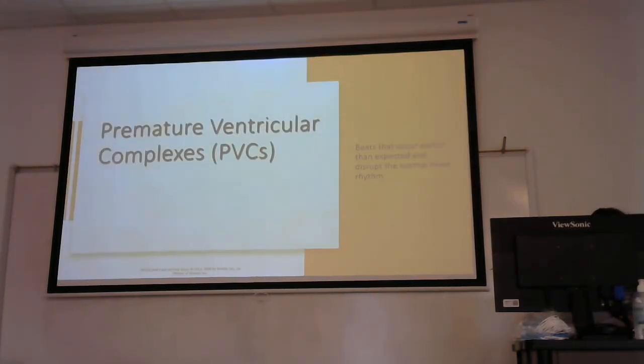So what you need to realize is that a PVC is just an extra ventricular contraction that is usually caused by electrical irritability in the ventricle. So your PVC is going to consist of a very abnormally wide and bizarre QRS complex, and it occurs earlier than what it should.